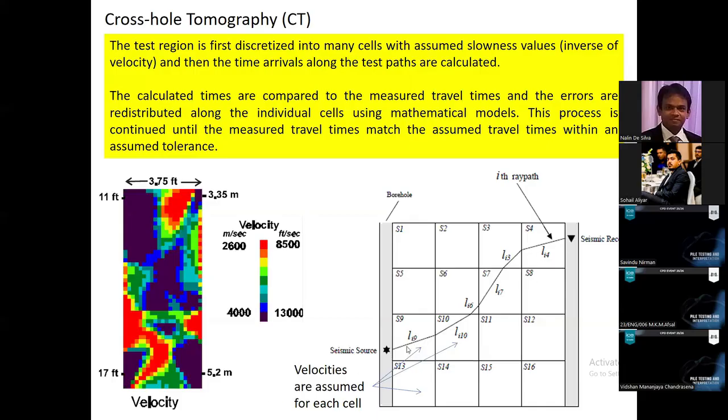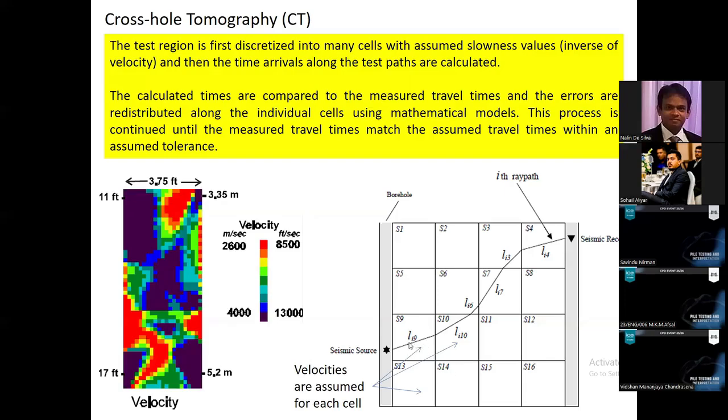Arrival time, you simply use S equals UT, where U is the assumed velocity. Actually, we don't know what the wave velocity is. But by using multiple wave records, right? Multiple wave records give a large number of simultaneous equations with different velocities for each segment, right?